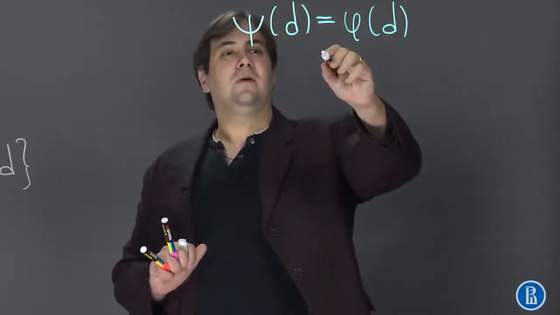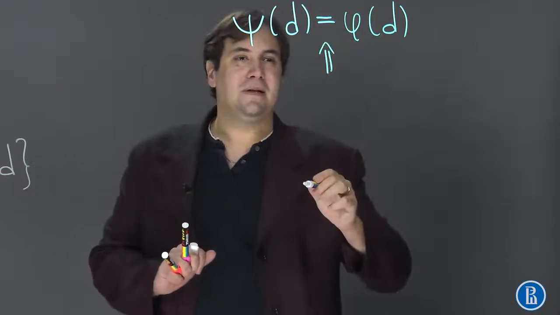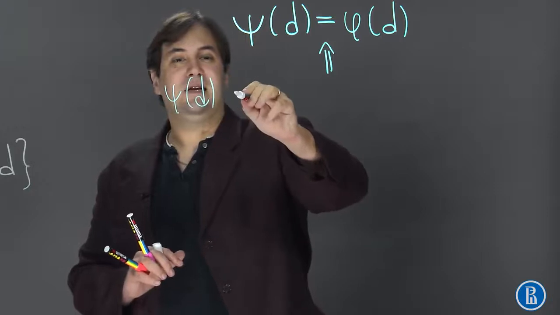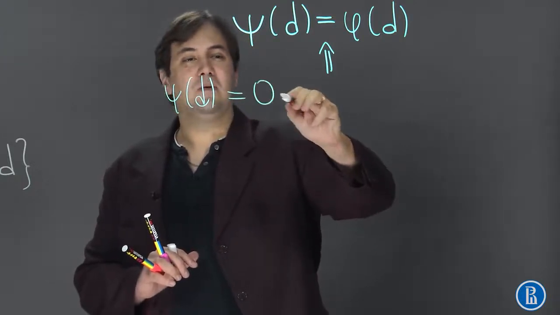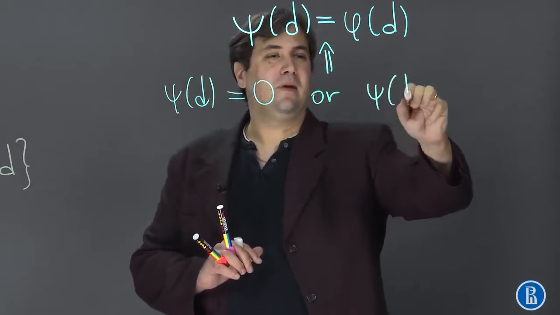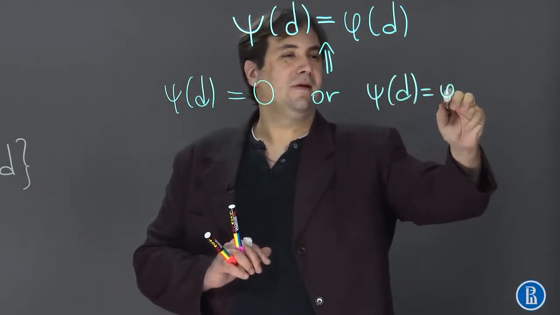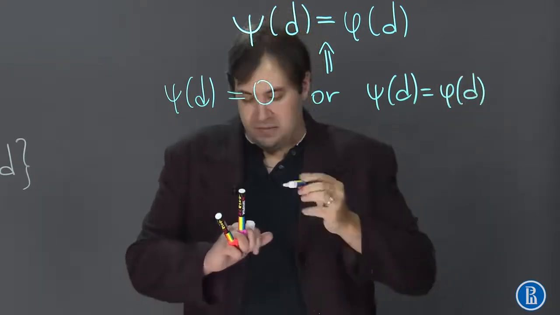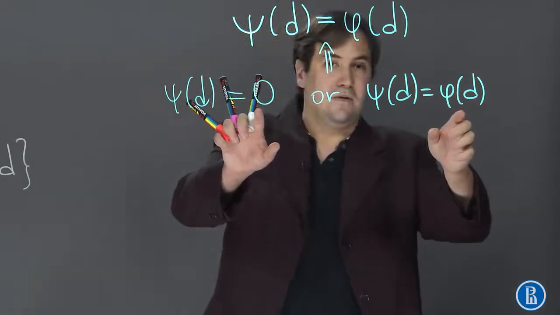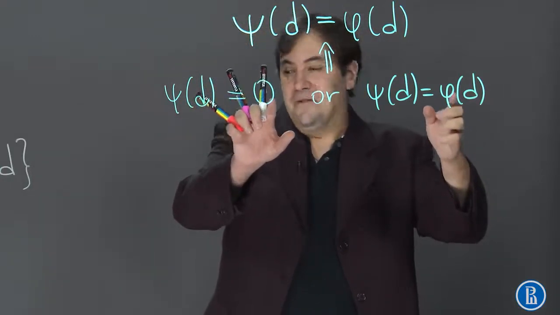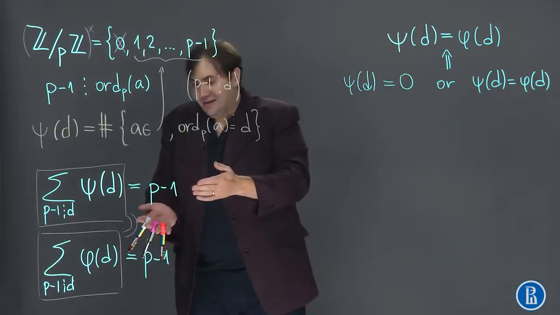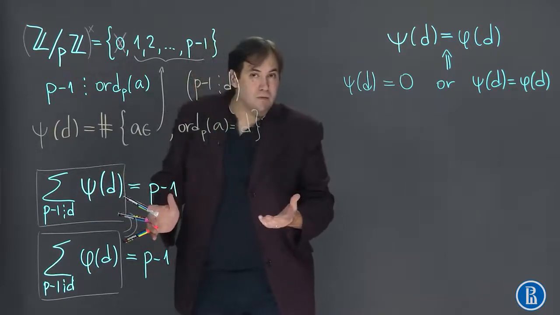This will follow from the fact that psi of d is either equal to 0 or equal to phi of d. Well, if we prove that psi of d is either 0 or phi of d, then using the fact that their sums are equal, this will mean that none of these terms can be 0.